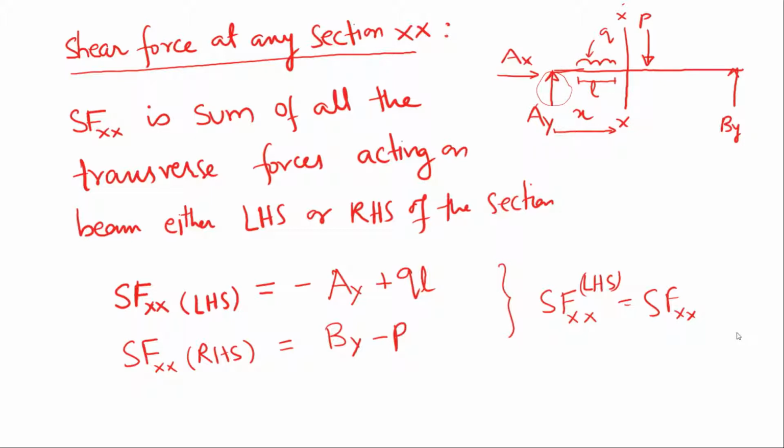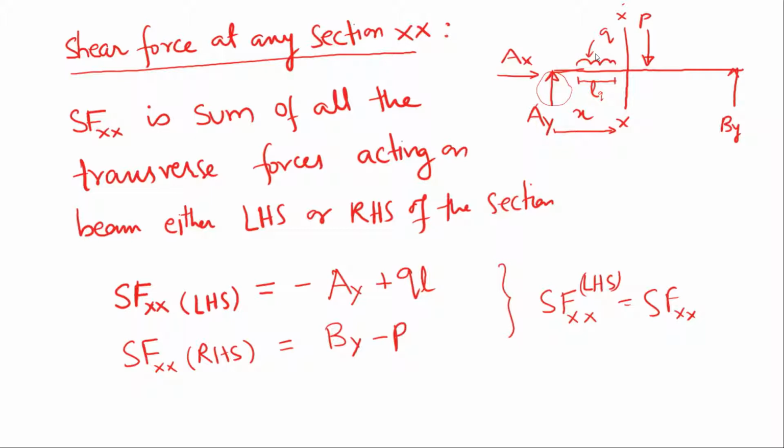AX is not a transverse force. Q is a distributed load which is transverse to the beam, but it is distributed. To make it equivalent to a concentrated load, we multiply it by its length, Q into LQ. Then this load would also act as a shear force.